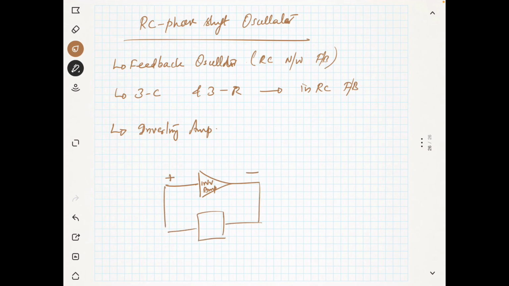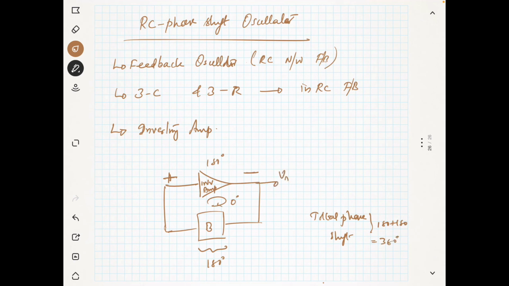I told you the total phase shift should be equal to 0 degrees. If your input is positive, you will get a negative, that means it is 180 degrees. So the feedback network also should provide 180 degrees, then it becomes 360. So the total phase shift becomes 180 plus 180, which is 360 degrees or equivalent to 0.